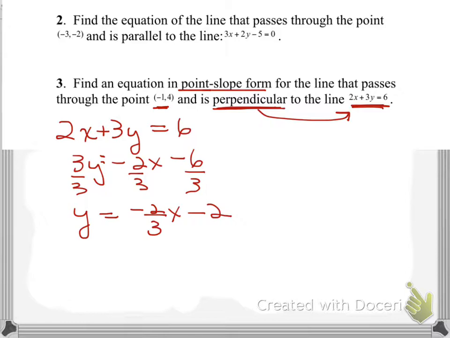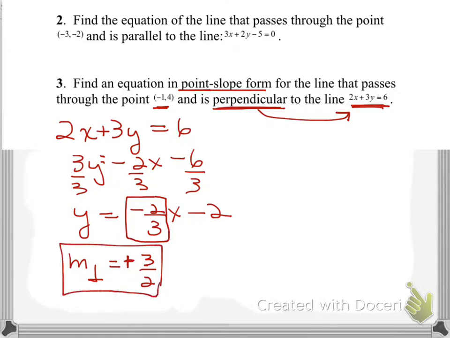Okay, so here is the slope of this line, but I need the perpendicular slope, so I've got to do two things to that. I need to flip it. Flipping it gives me negative 3/2, and then I'm going to change the sign. So initially I had negative when I flipped it, and then changed the sign, and now I have positive 3/2. That is the slope I'm going to work with.